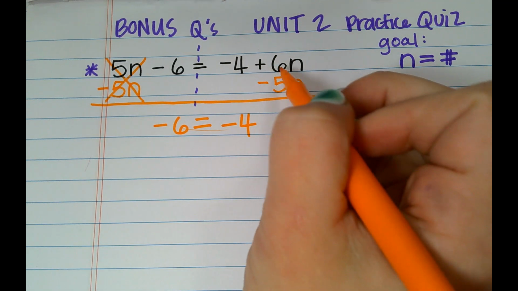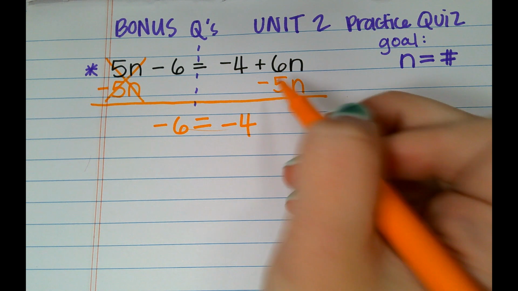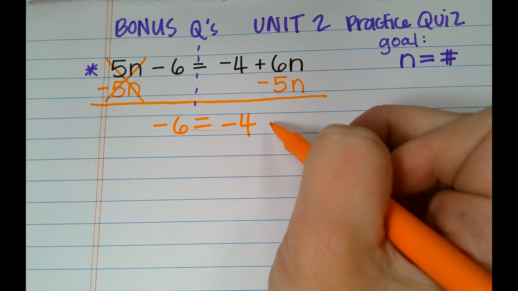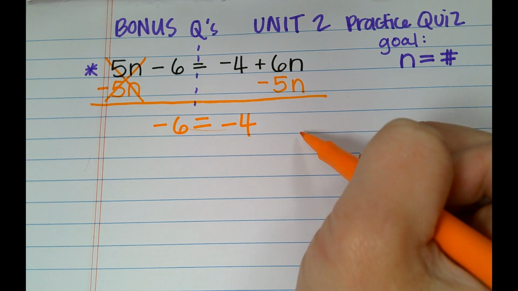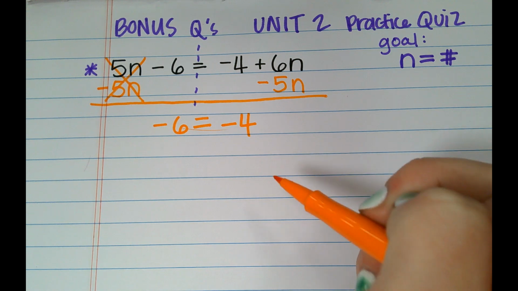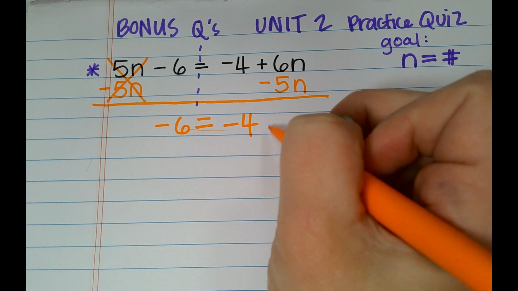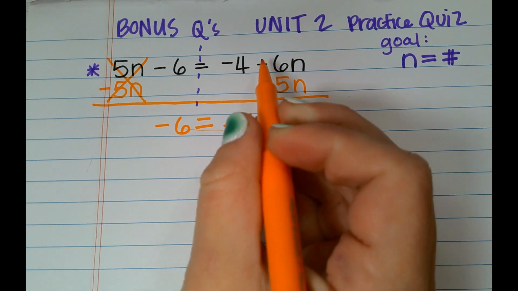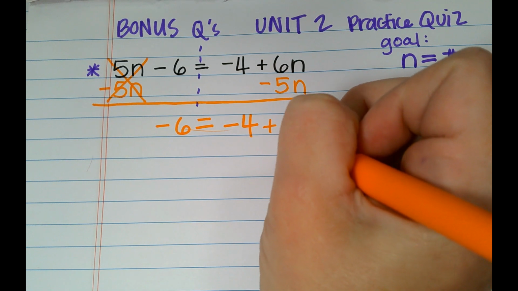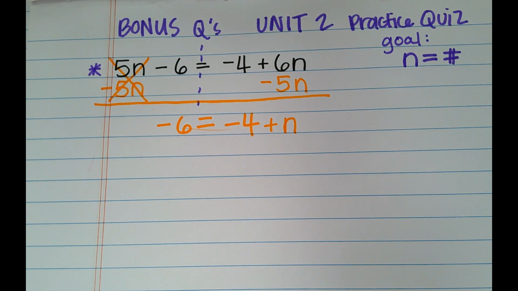Yes. So 6 minus 5 is 1. So you could say plus 1n, but 1n is just n. So it makes a little more sense to bring down that plus n. And then you just have one more step.